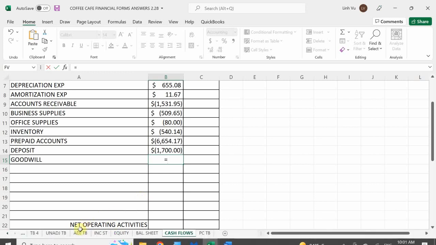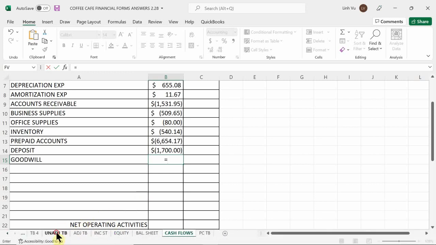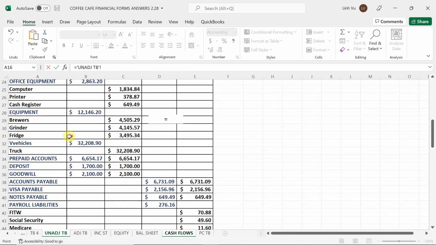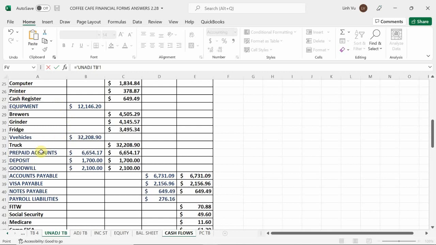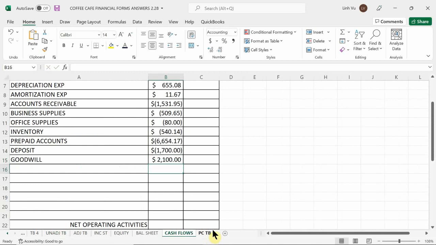So in this case, that's where I need to go to my unadjusted trial balance to find out what was my total value of my goodwill to begin with. In this case, it was $2,100, okay? That's something you need to know. Because I already purchased it, I paid with cash to buy the business name.